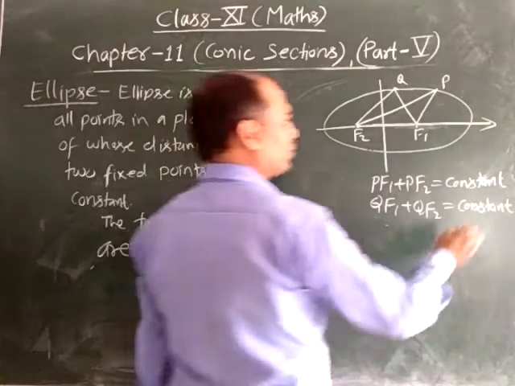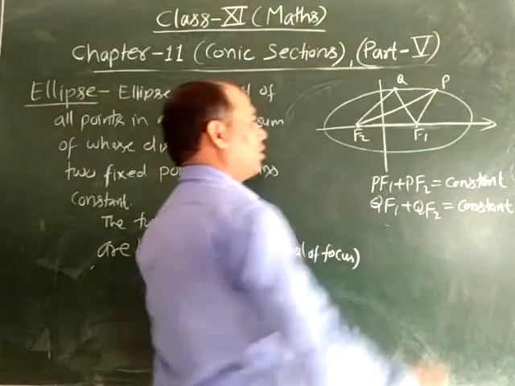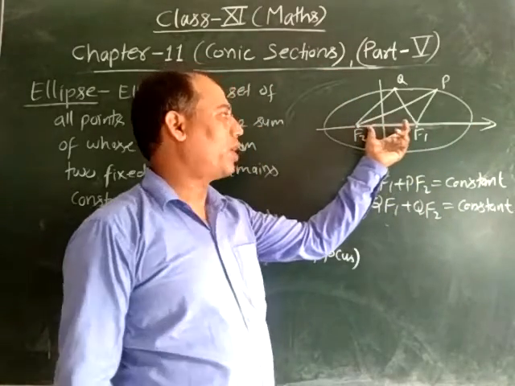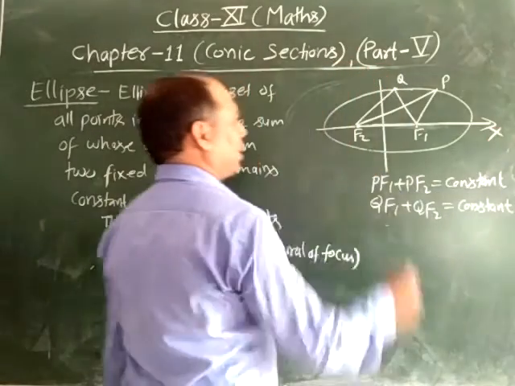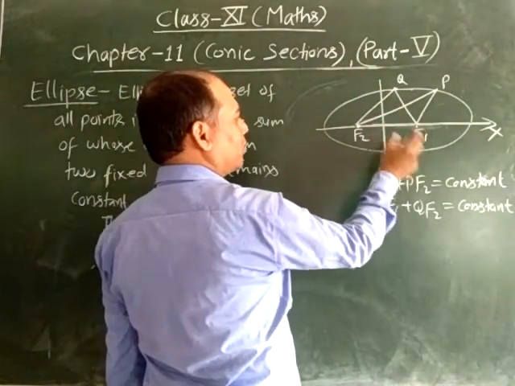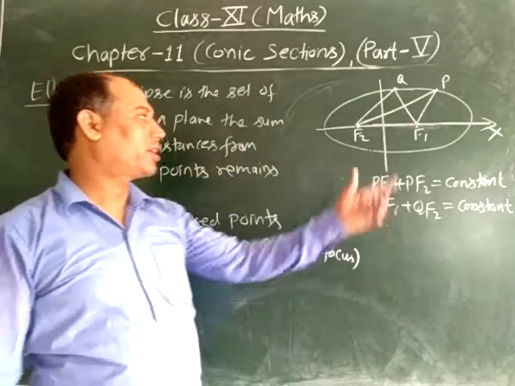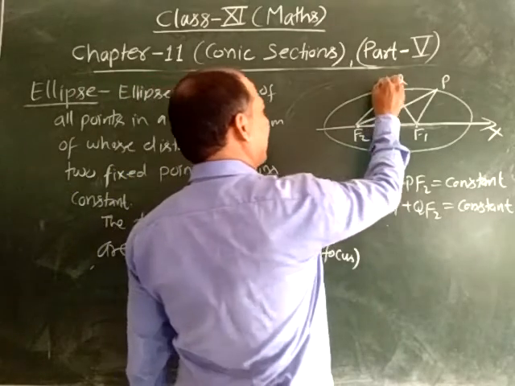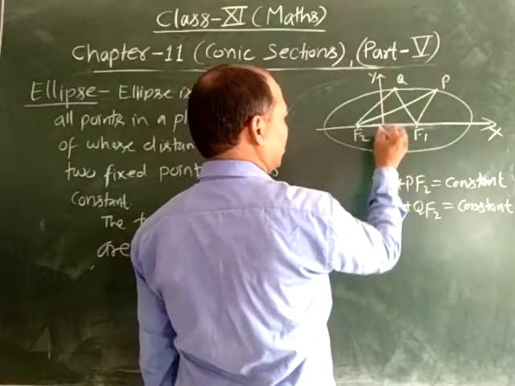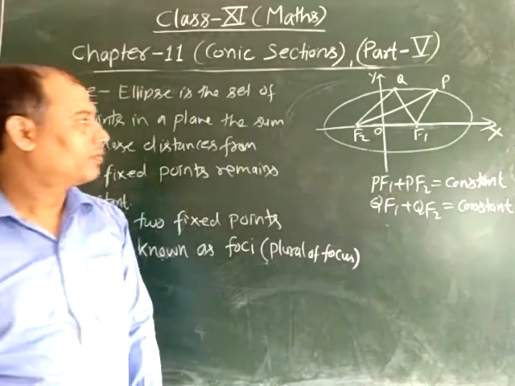Now consider this, the line which passes through the two fixed points is taken as x-axis, and the line which is perpendicular bisector of the line segment F1F2 is taken as y-axis, and this point is taken as the origin.